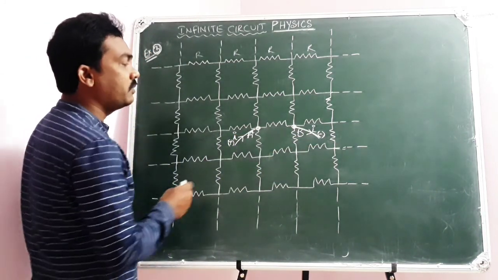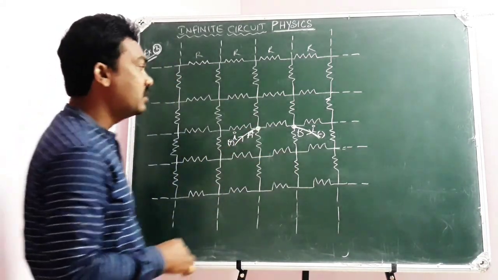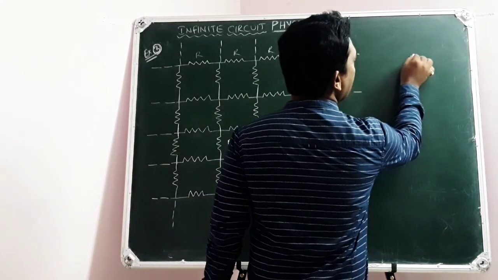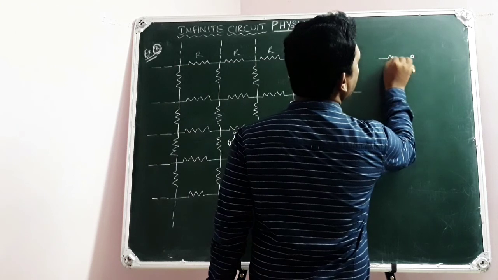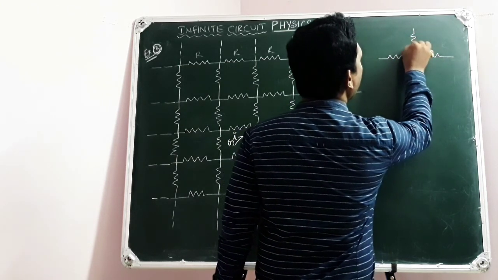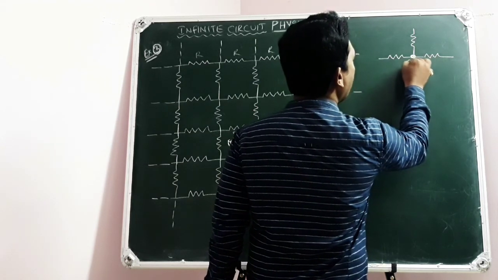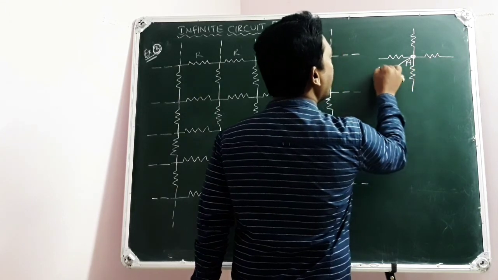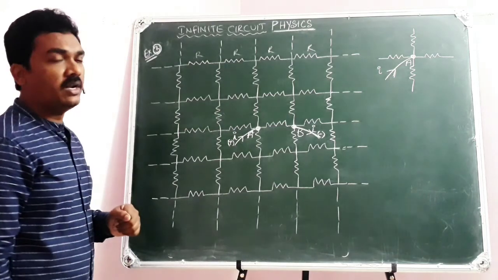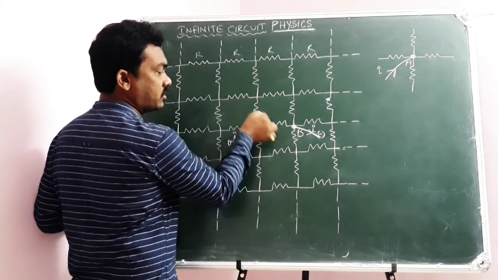But here is a very interesting point. When the current is entering at A, which is the junction, it can find four different paths. You can look at this. This is a part of my electric circuit. At the junction A, where current is entering the electric circuit, the current can find four identical resistors.